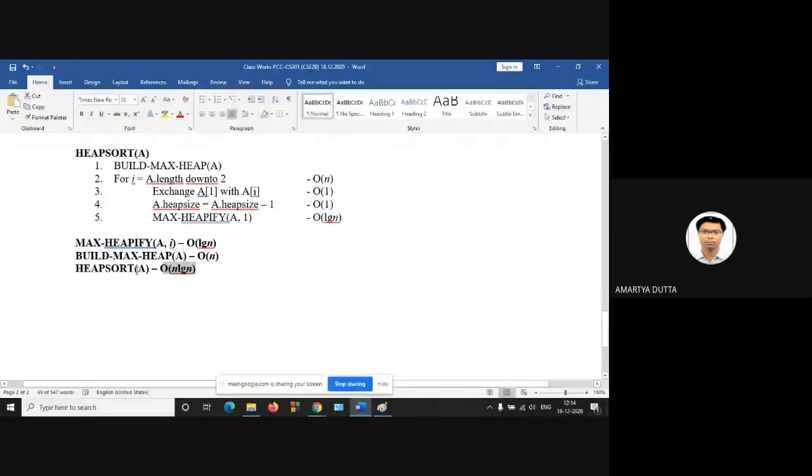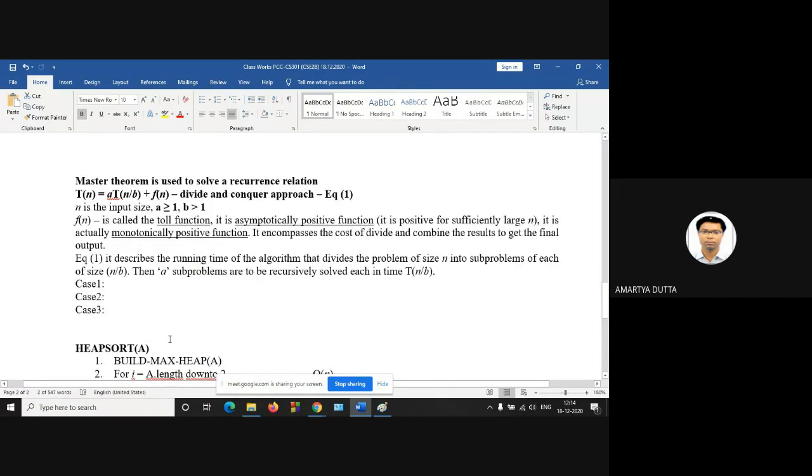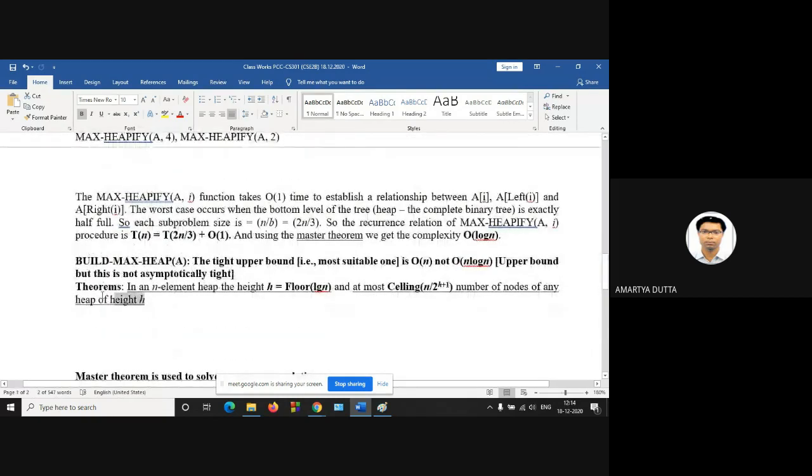Heap sort is order of n log n, but we have to derive the complexity of build max heap, that is order of n. But this is your homework theorem. You have to prove these 2 theorems: in an n element heap of height h, the height h is equal to floor of log n, and at most ceiling of n by 2 to the power h plus 1 number of nodes of any heap of height h.